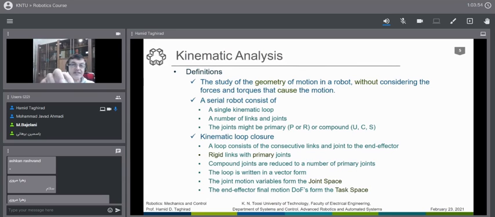If I'd like to reach there, the angles are different. The angles that I have in my joints we call joint variables. And the relation between the joint variables and the task variables is called kinematics. But the main interesting thing is the kinematic loop.